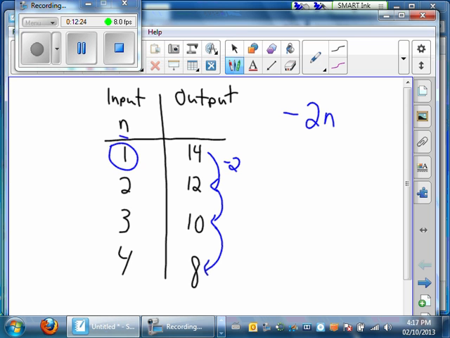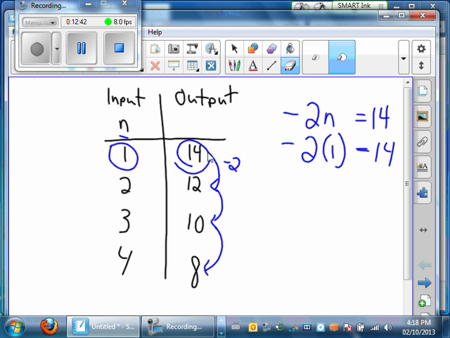When n is 1, our output is going to end up being 14. So let's write in 14 here, and we're going to say when we take away 2 times 1, it is going to equal 14. Well, we get ourselves a little bit of a problem here because we don't know exactly what we need to take away. 2 times 1 is obviously 2, and that's going to equal 14.